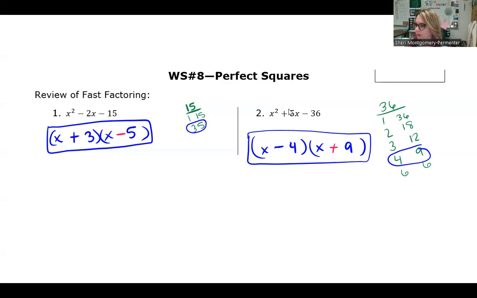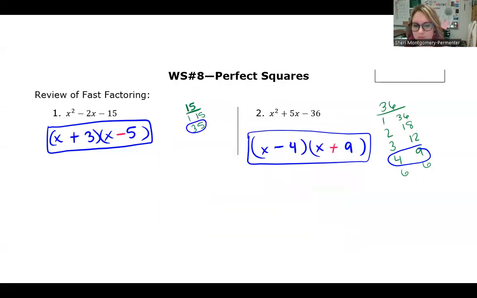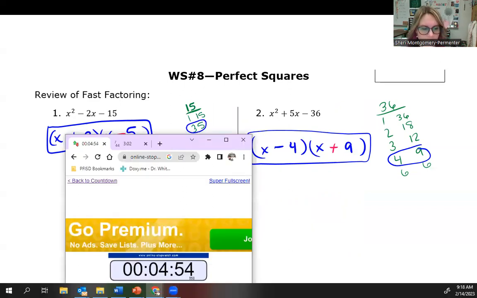You're going to factor out the GCF, which is the leading coefficient. I'm going to give you guys 5 minutes.